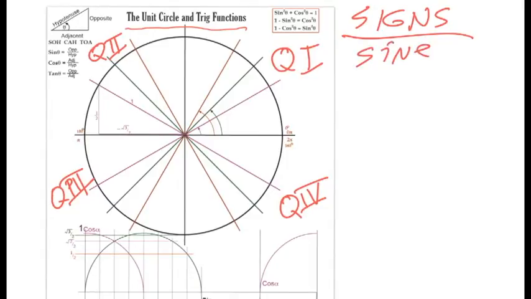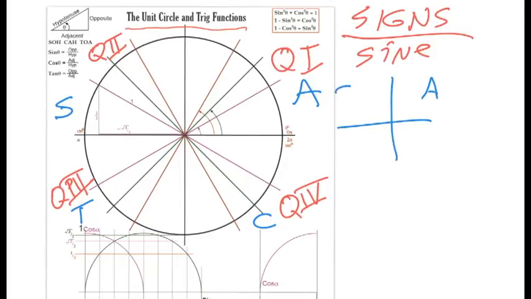also be looking at. Now, one of the things to remember is in the first quadrant, or across this whole form, we use this expression, all students take calculus. ASTC. So if you picture it like this, what it's telling me, all students take calculus.